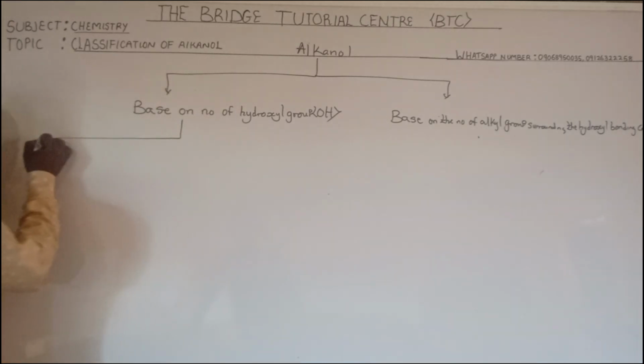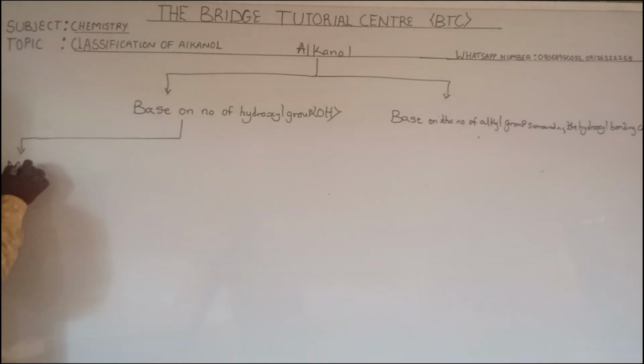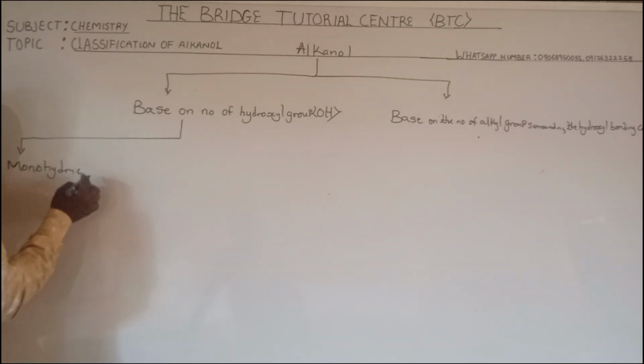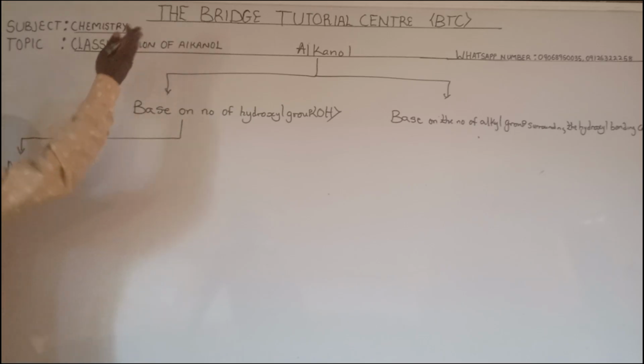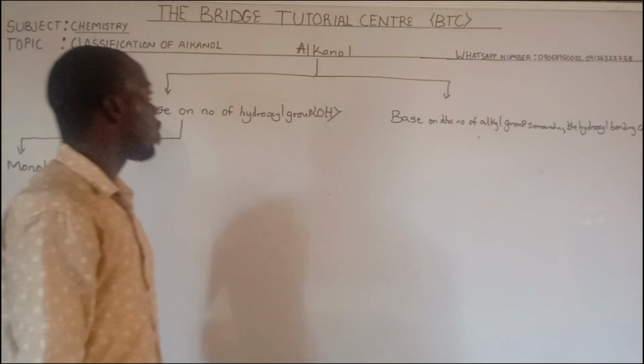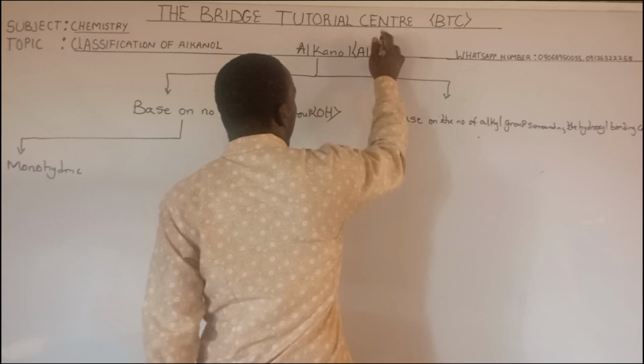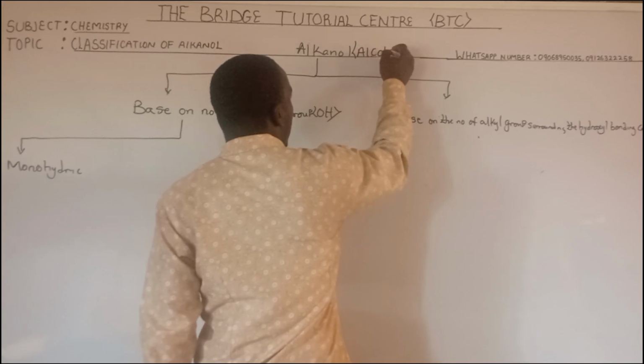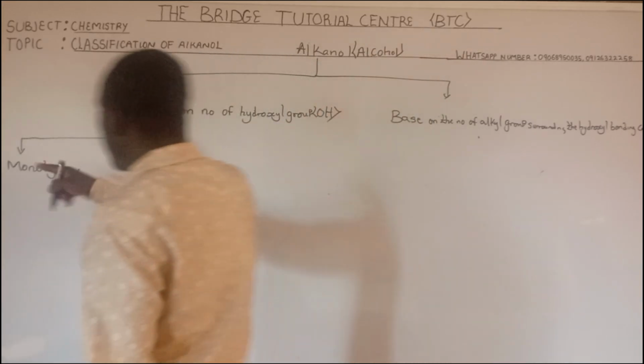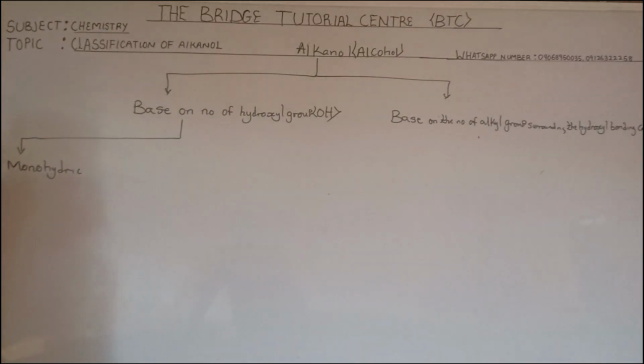The first type is called monohydric alkanol. So when you are talking about monohydric alkanol, as we all know, alkanol can also be referred to as alcohol. So we can also refer to monohydric alkanol as monohydric alcohol.